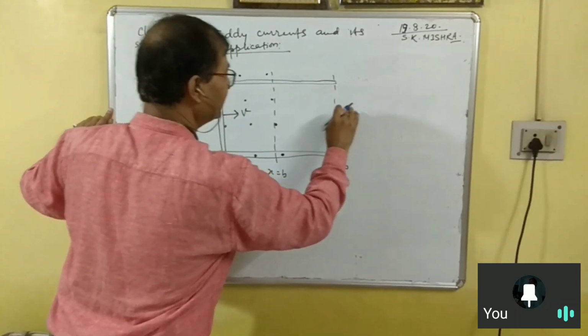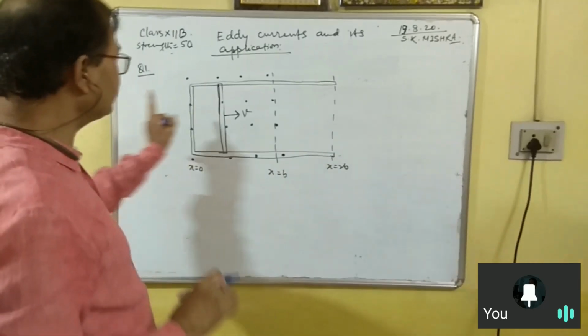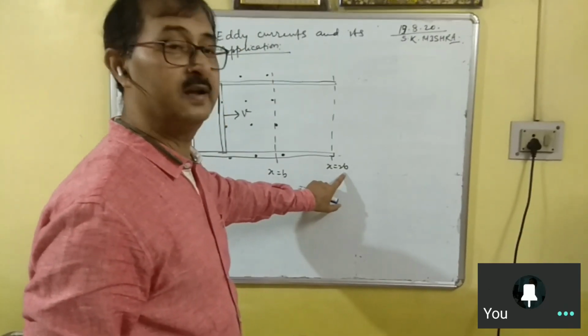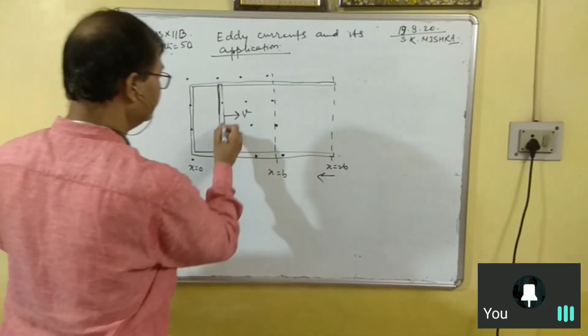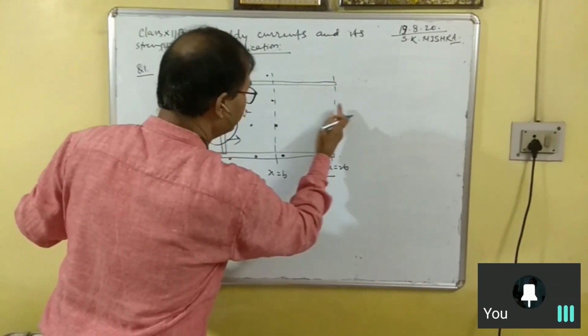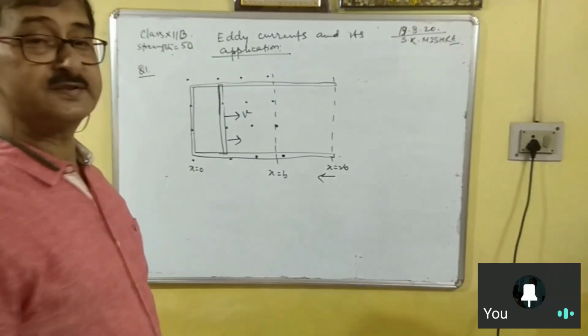And then it is brought back to this position. So first it is pulled towards the right, say it goes up to x = 2b, and then it is brought back. Initially you are pulling it towards the right and then from right to left, so finally it will come to x = 0.